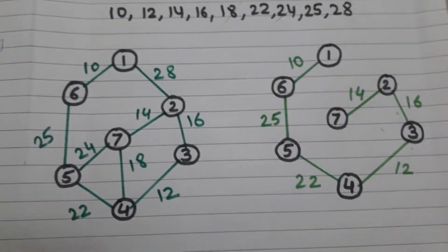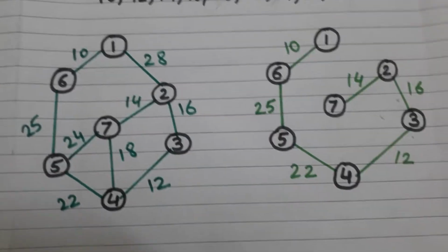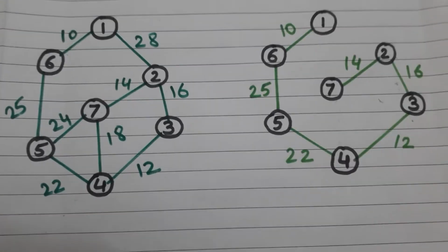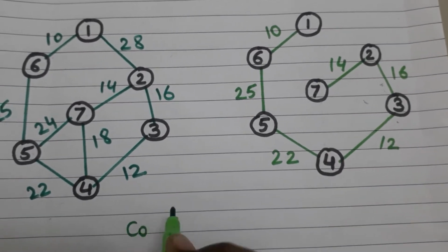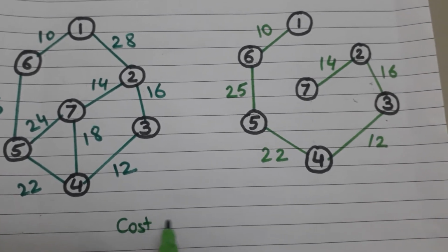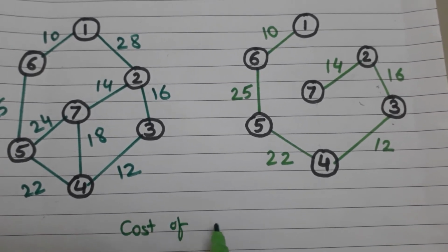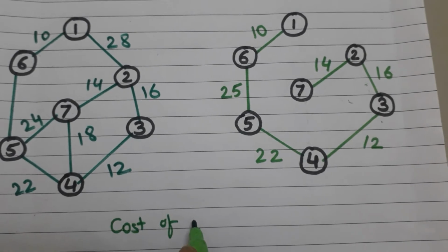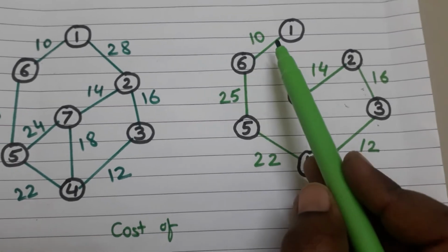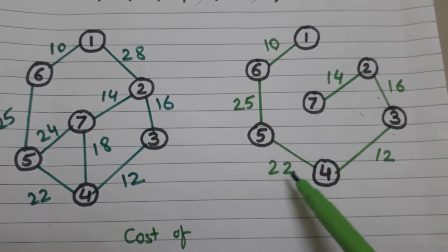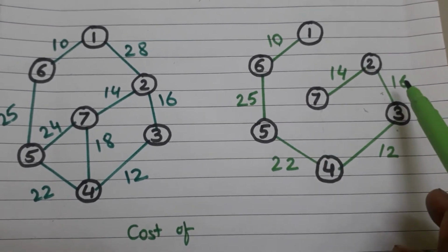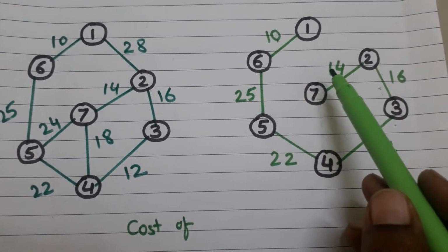Now here we have to find out the cost of the spanning tree. To find the cost of the spanning tree, we have to add these weights, that is 10 plus 25 plus 22 plus 12 plus 16 plus 14.